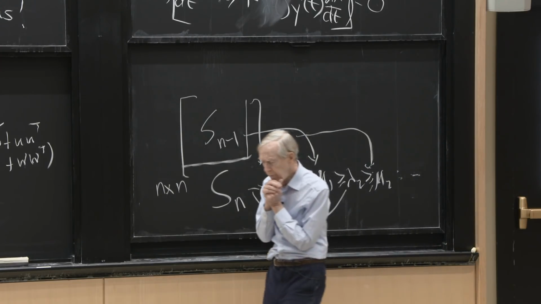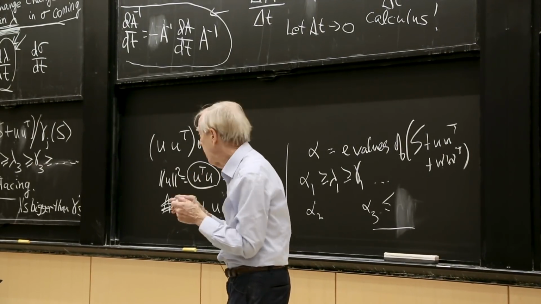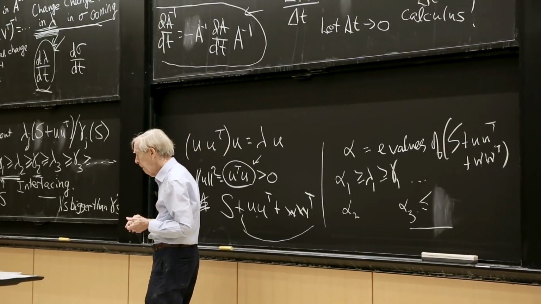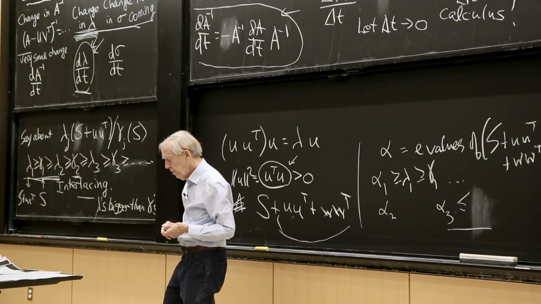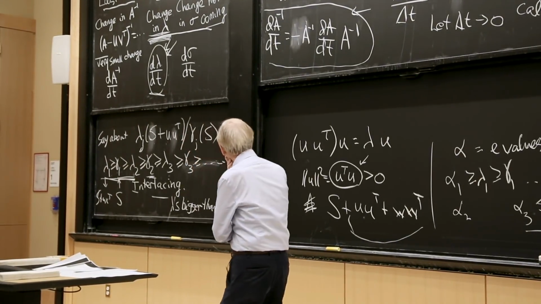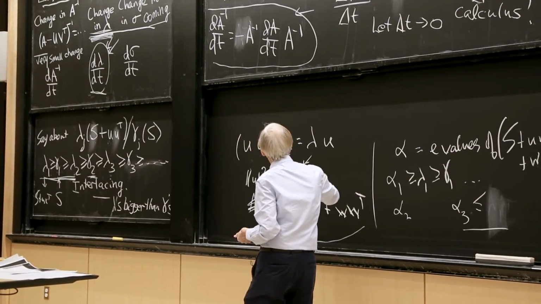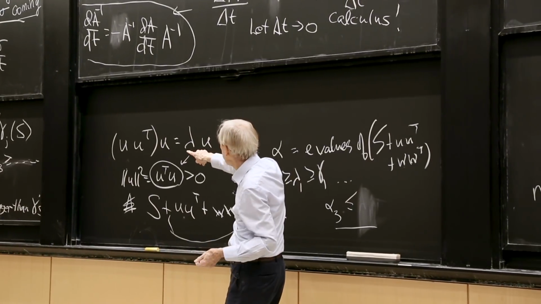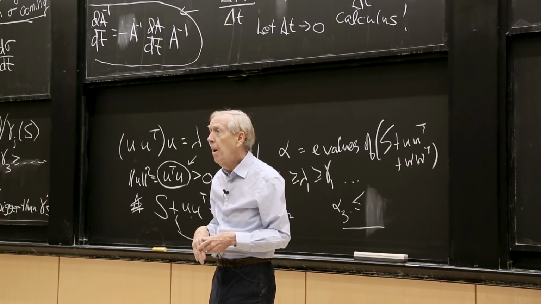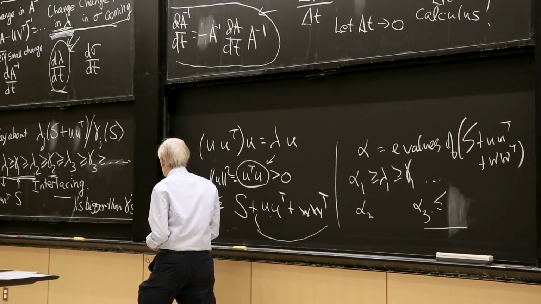Okay, now I have one final mystery. And let me try to tell you what worried me. Suppose this change that I'm making, this u, is actually the second eigenvector of S. So can I write this down?